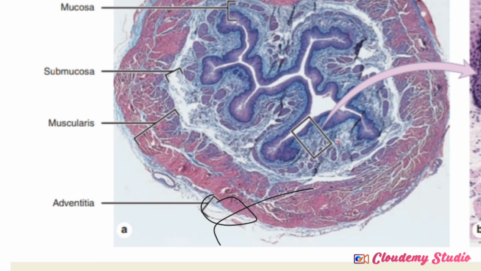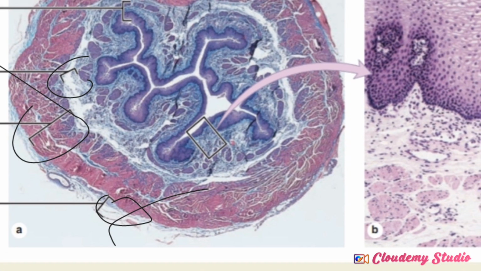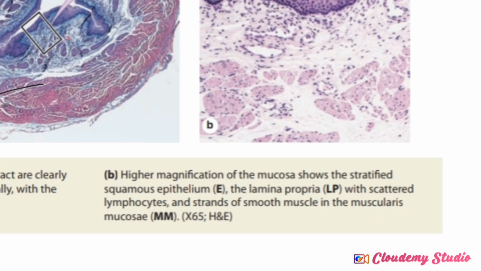And we all know that the muscularis externa is made up of smooth muscles, right? And I've already mentioned what the mucosa consists of. It consists of lamina propria, right?